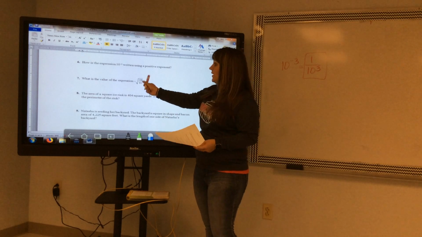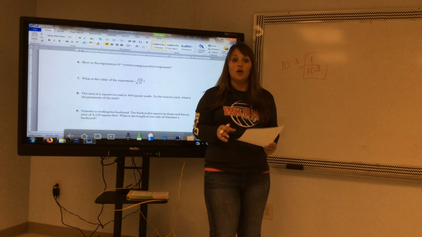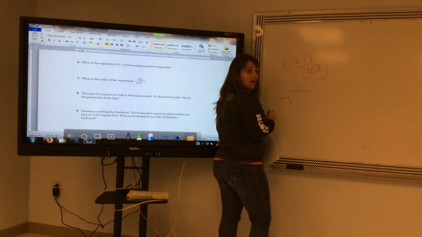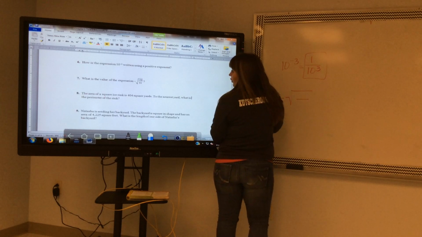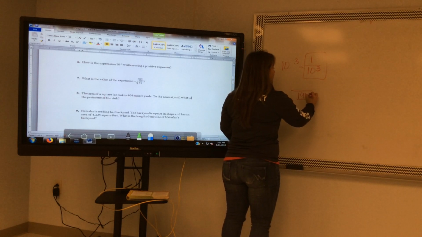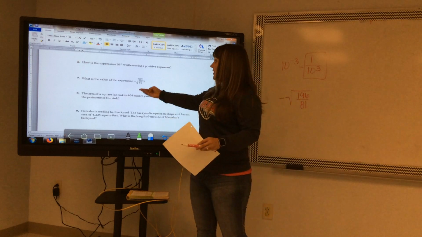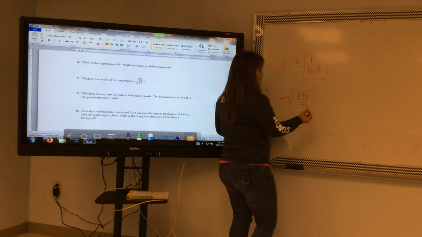Number 7 says, what is the value of the expression? You can type that directly into your calculator. Use your negative symbol. Use your radical sign. Inside your radical, build a fraction. Your numerator should be 196. Your denominator should be 81. Since the problem is given to you in fraction form, your answer needs to be in fraction form.